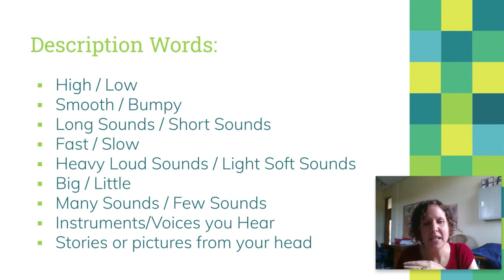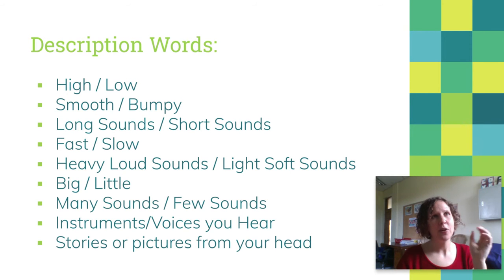Go through each of these and you can pick which one. You might not include all of the words. You might just be like, it's high and it's bumpy. It's okay if there's just a few words, or you might use all of them. You might also include what instruments you hear. It's a singing voice. I hear guitar, or whatever instruments you hear.